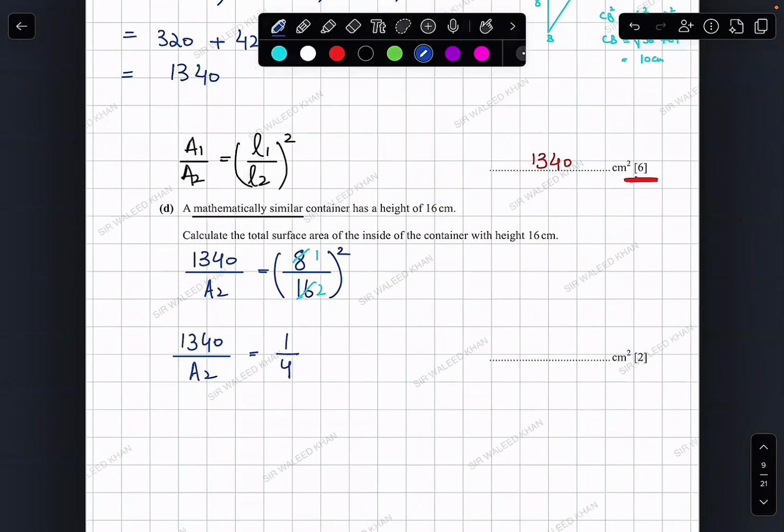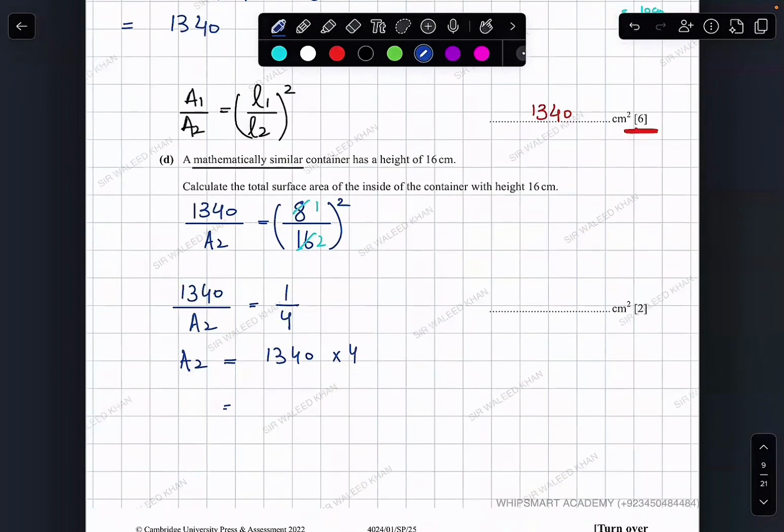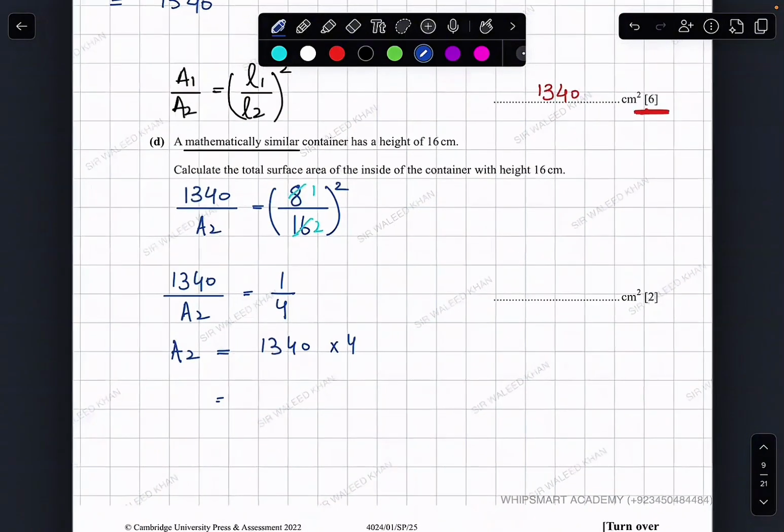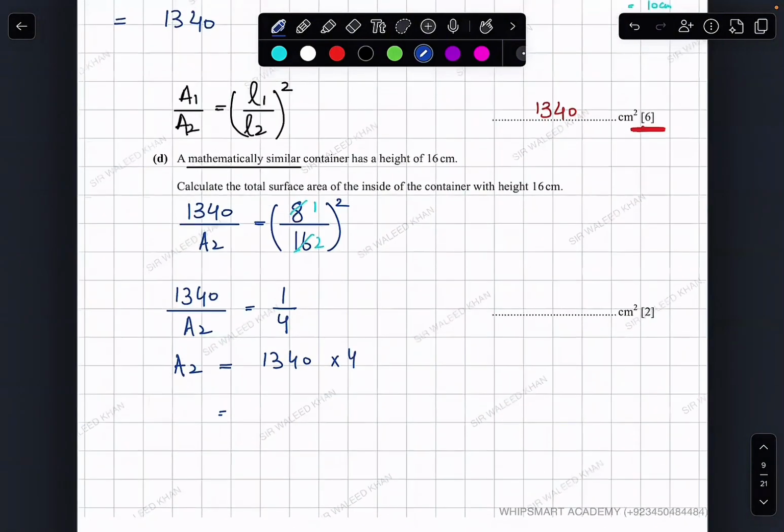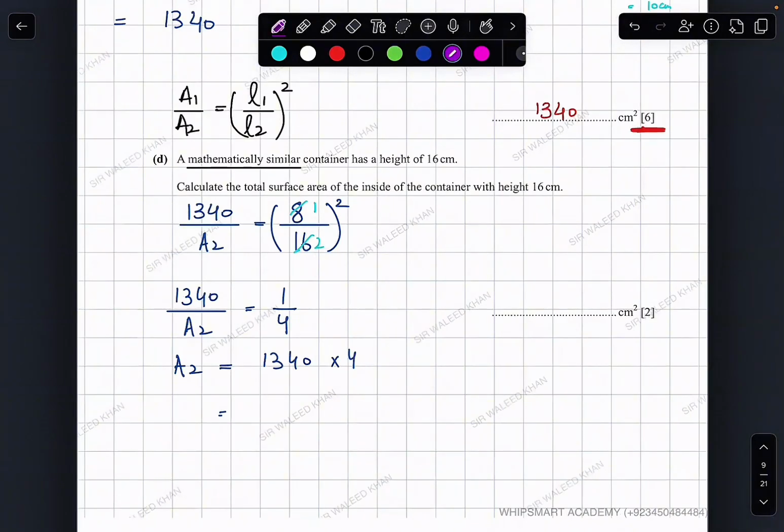Now 4 times 1340, don't use your calculators, usually. 6, 1, 12, 13. And this should be 536.